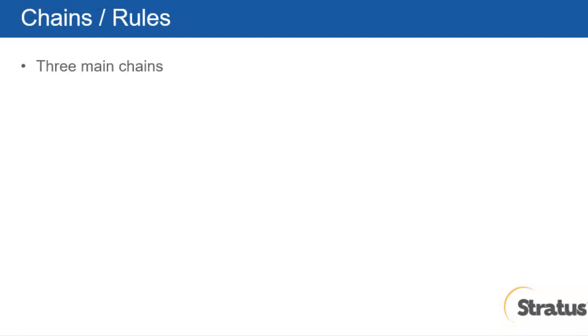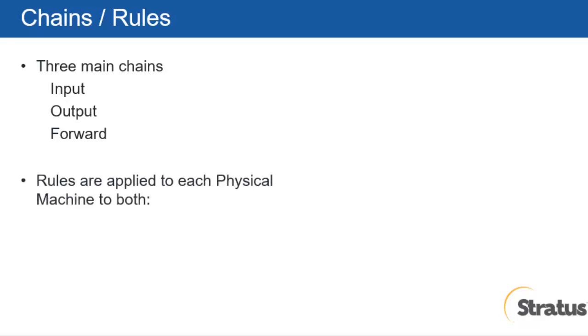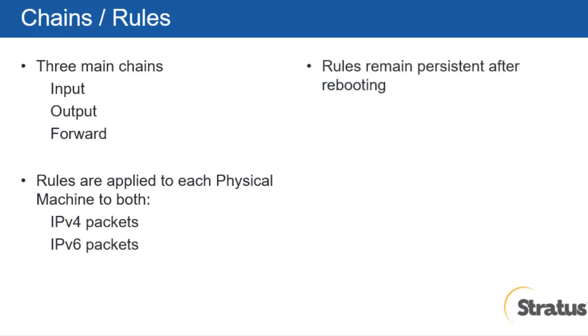You have access to the three main chains, input, output, and forward, for applying the packet filtering rules you need. With ZTC Edge systems, the rules are applied to each physical machine, to both IPv4 and IPv6 packets, and the rules remain persistent after rebooting.